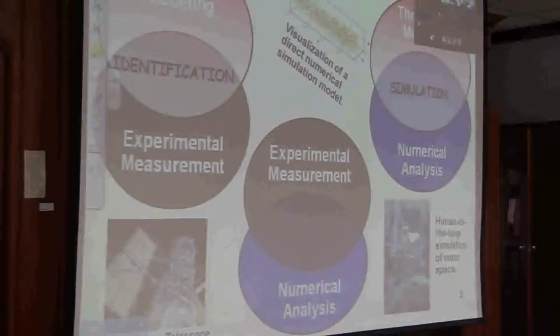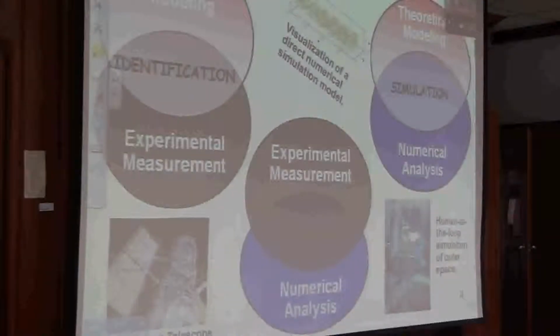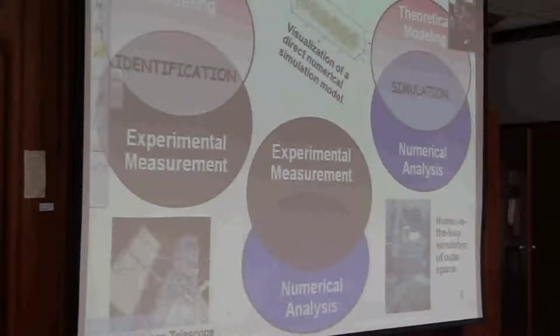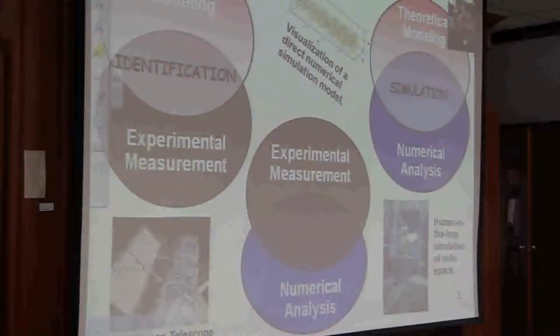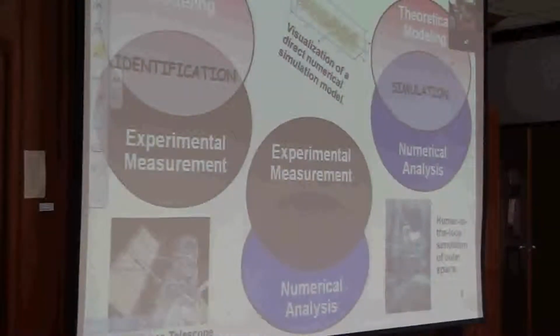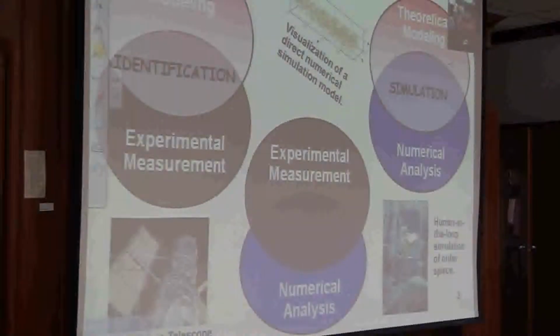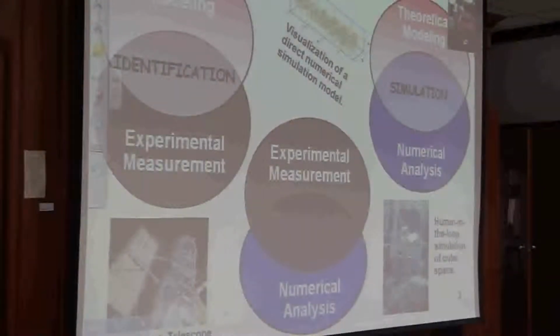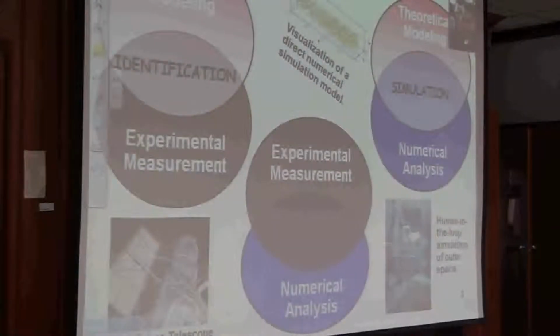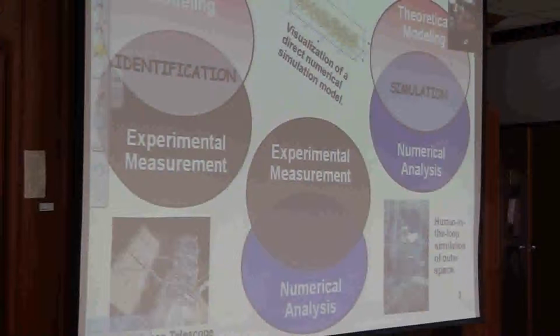First, the theoretical and experiment bubble has this identification intersection, which also means system identification. ID is ID, system identification is another course the professor teaches. Let me explain this.